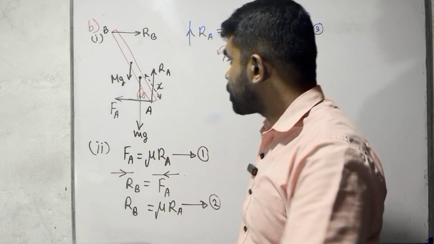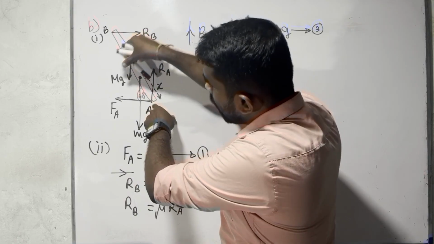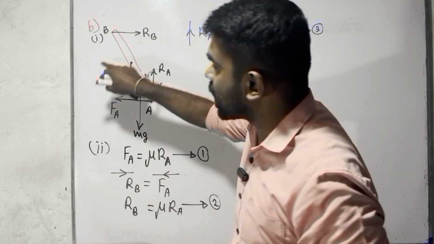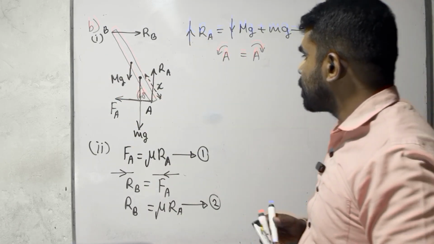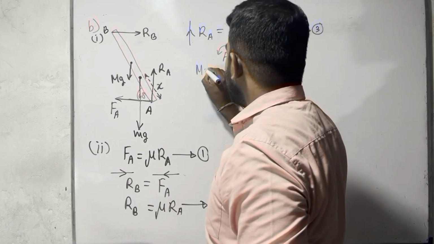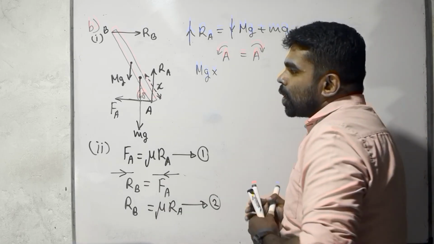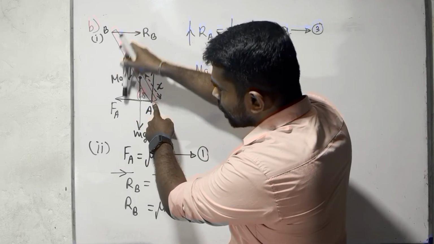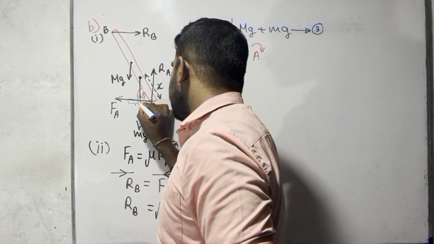We know that this ladder is rotating counterclockwise by the torque given by capital Mg and simple mg. Then we can write capital Mg into the perpendicular distance from point A to the action line of Mg. It means we have to get this distance.